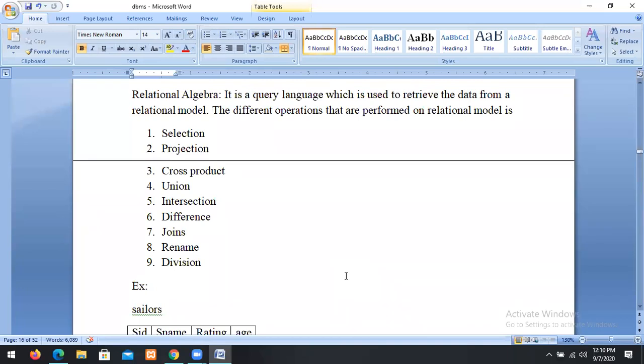The different operations performed on a relational model are selection, projection, cross product, union, intersection, difference, joins, rename, and division. These are all the relational algebra operations.